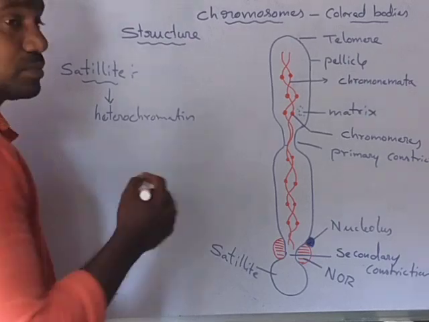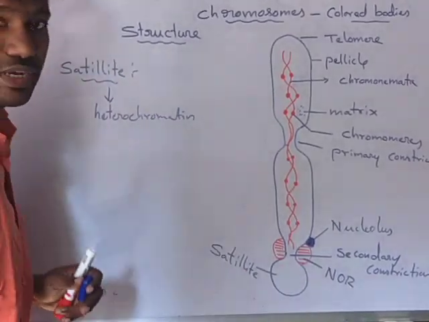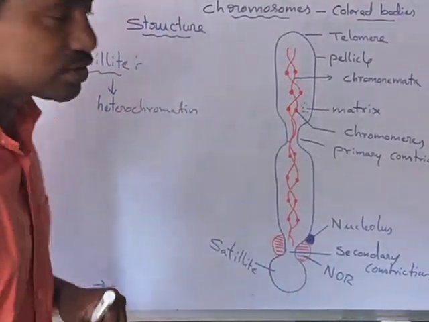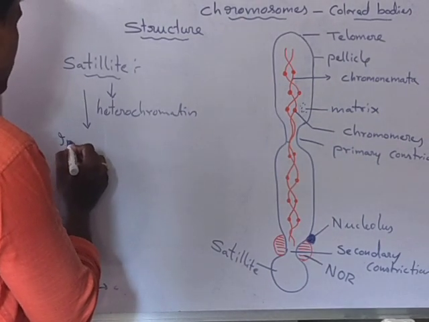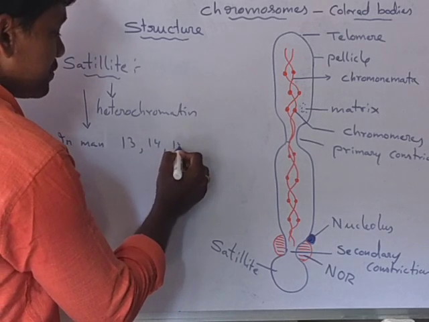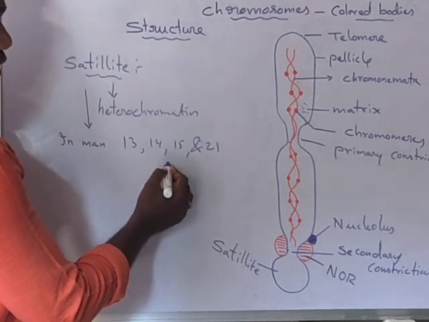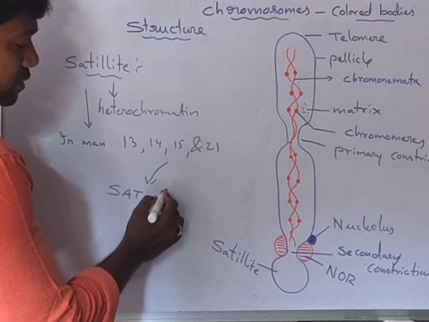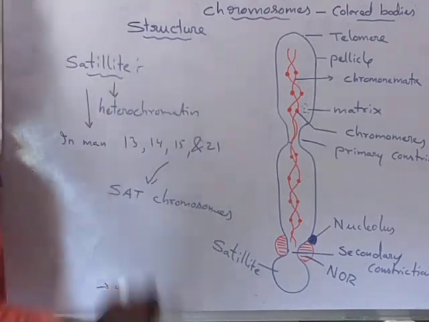The chromosomes which have a satellite are called SAT chromosomes. In man, chromosomes 13, 14, 15 and 21 are called SAT chromosomes, meaning they contain the satellite portion.